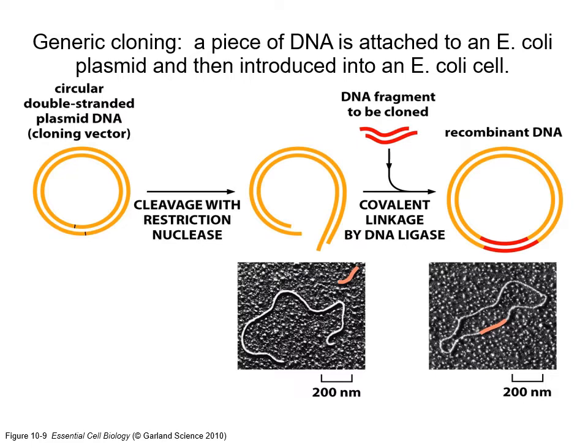So if that fragment is a piece of human DNA or human cDNA, your recombinant DNA is going to consist partly of E. coli-based sequences, but also your human or other organism sequences, which are now part of the same plasmid. Now this gives you some real advantages because once you've made it, you can replicate that molecule for whatever quantities you want.